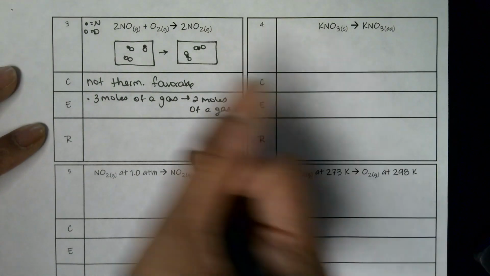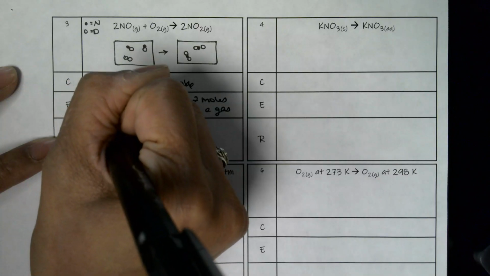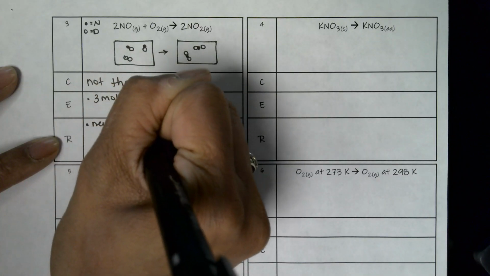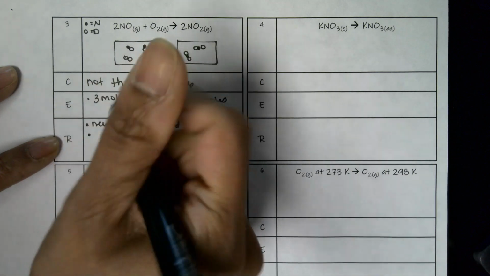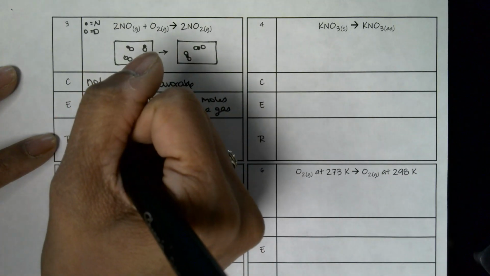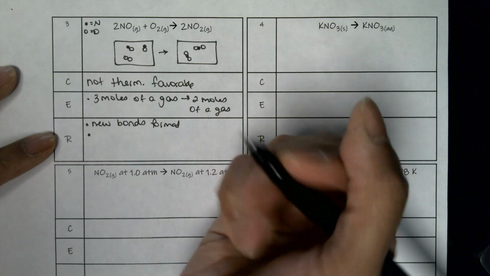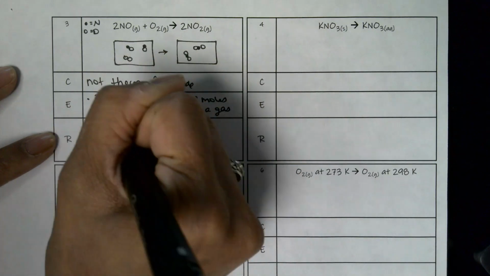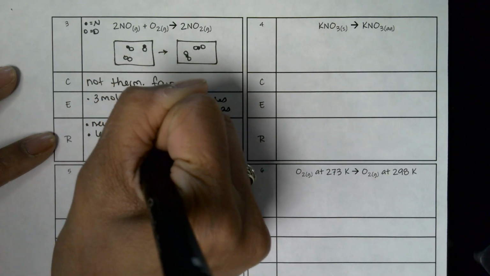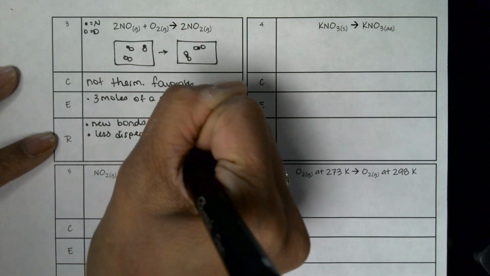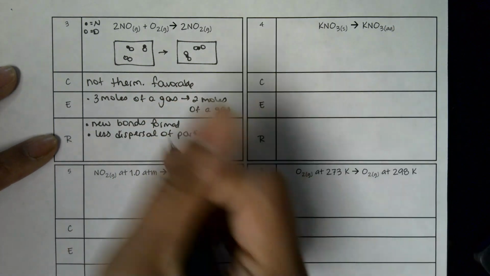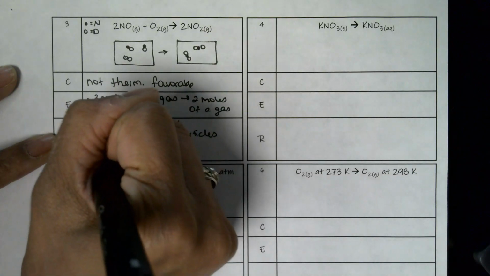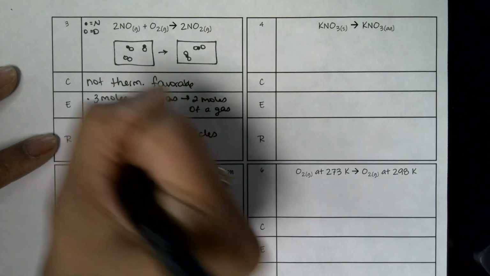All right, so we can say we have new bonds formed, less dispersal of particles. And we can say that delta S is negative in this case.